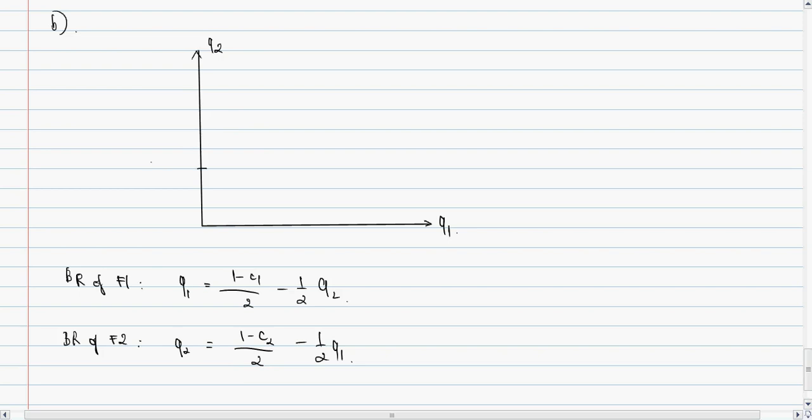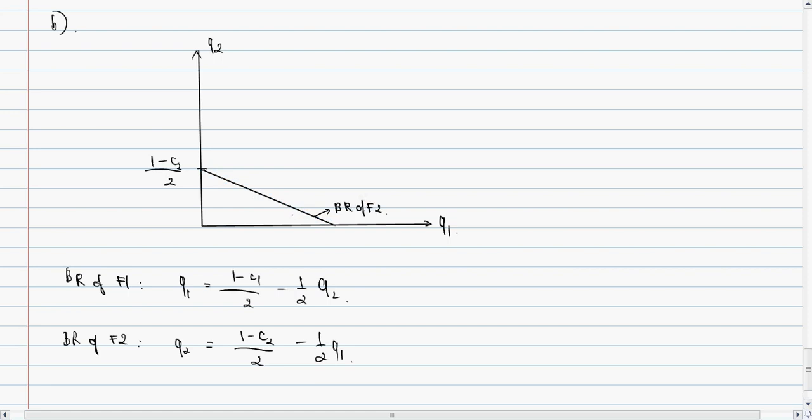So I'll mark here (1 - C2)/2, and the slope will be equal to a half, so we'll have something like this. So the slope equal to a half, with the vertical intercept, is the best response function of firm 2.